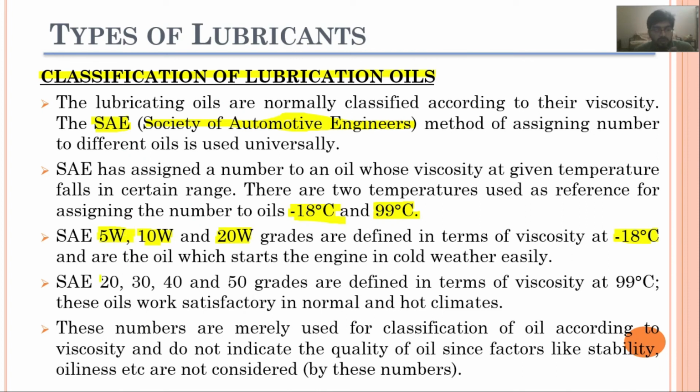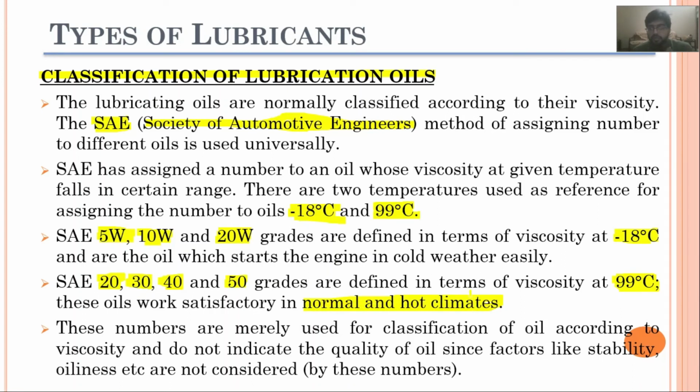But when we are talking about, let's say, SAE 20, SAE 30, SAE 40 and SAE 50 grades, they are defined in terms of viscosity, but the temperature limit here is not minus 18 degrees Celsius, it is 99 degrees Celsius. It means that these grades of oil are going to work very satisfactorily in normal and hot climate conditions.